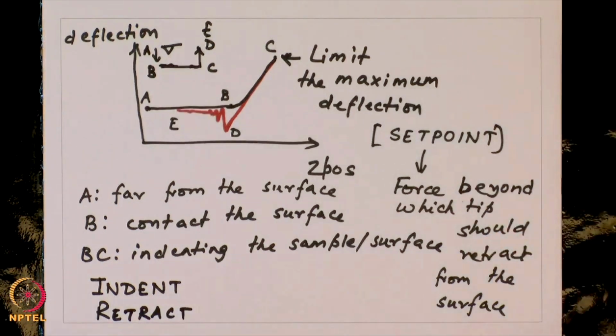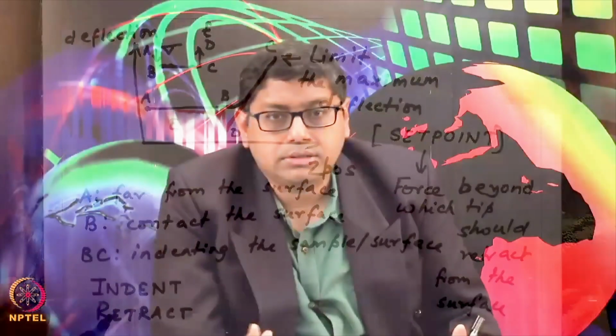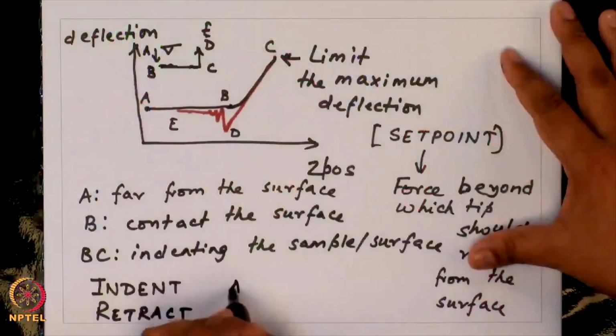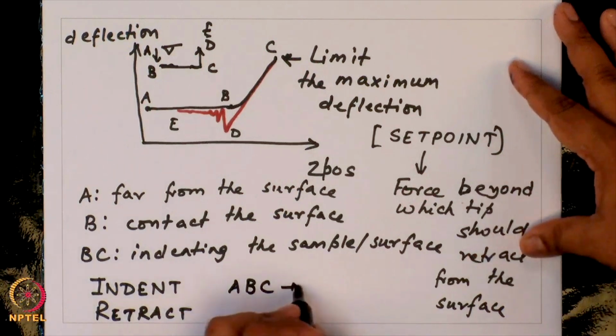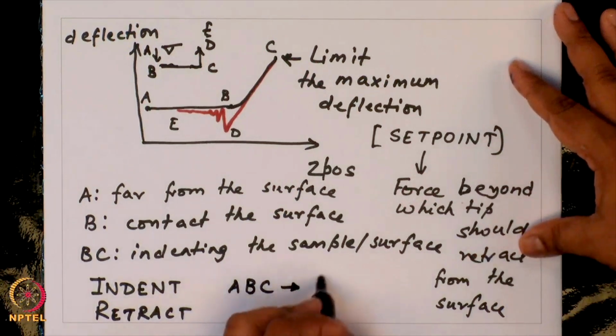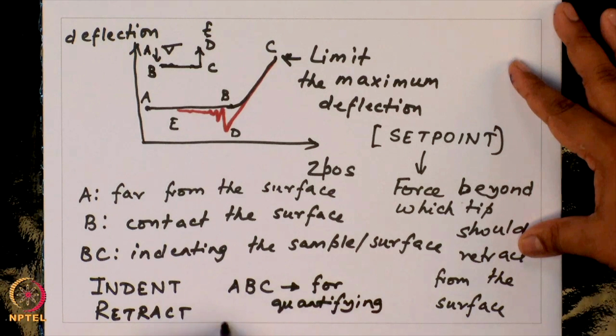Depending on what you want to measure, let us say you want to measure the mechanical properties of the cells, then you want to analyze the A, B, C portion of your data. A, B, C is for quantifying mechanical properties.